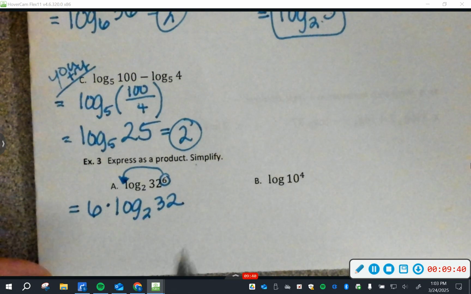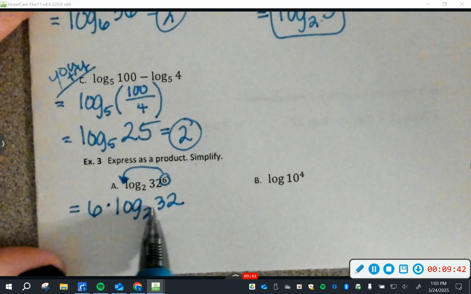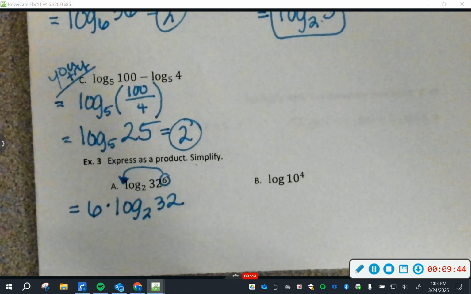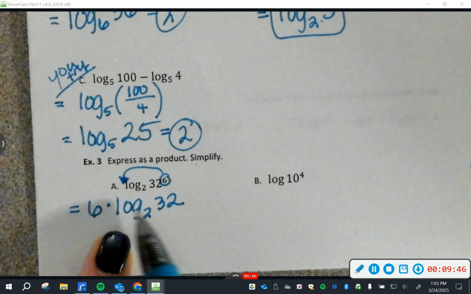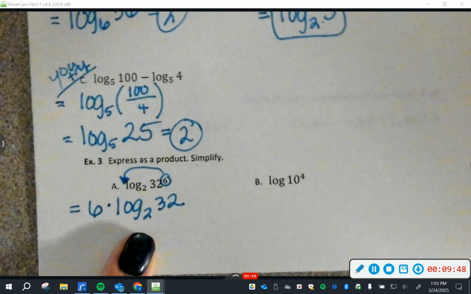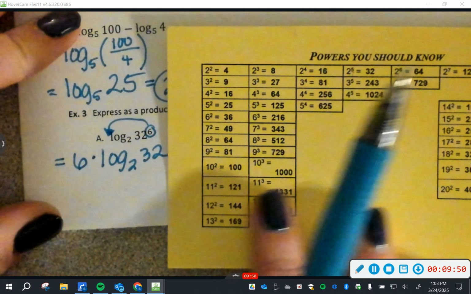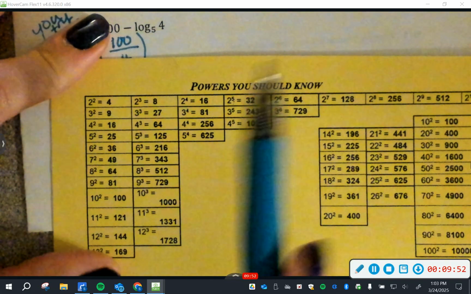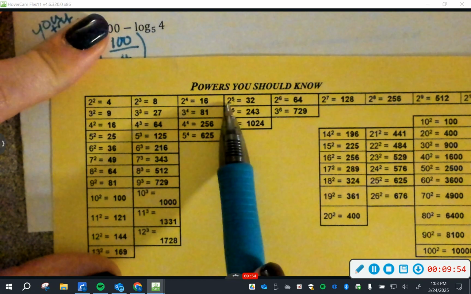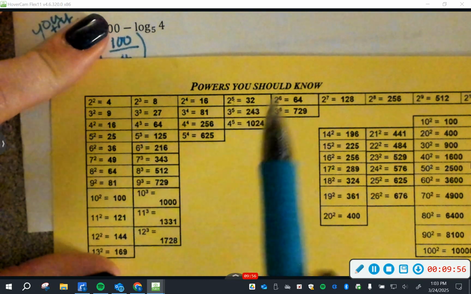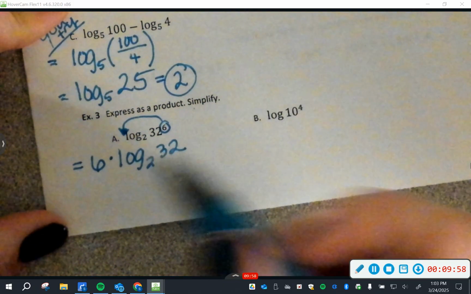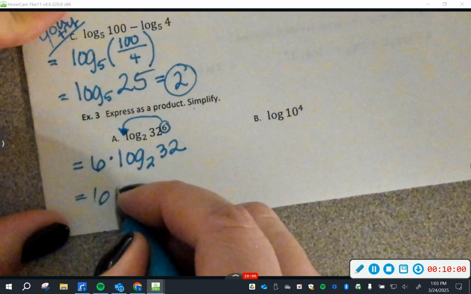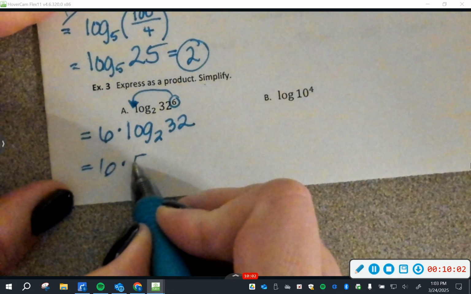Okay, so we've done that. We've expressed this as a product. Now if we can simplify, we should. Can we simplify log base 2 of 32? Can I rewrite 32 as a power of 2? Yep, right here. Right? 2 to the 5th power is 32. So this is 5.